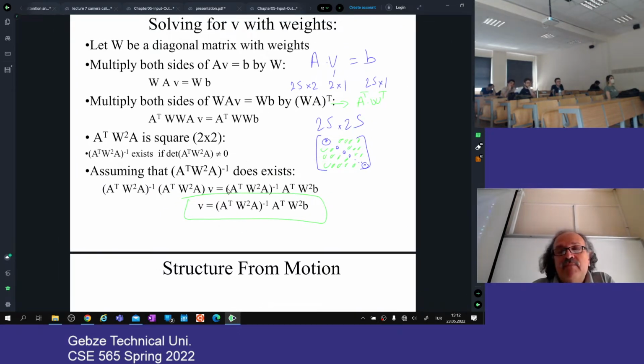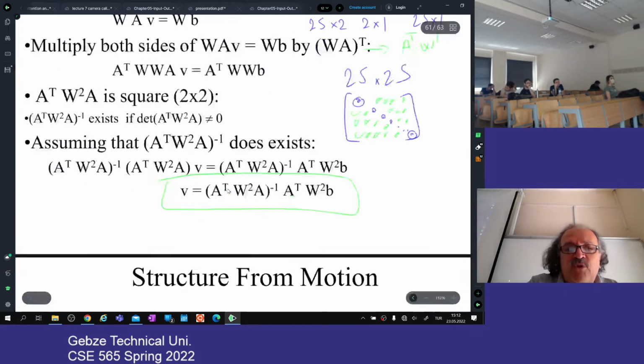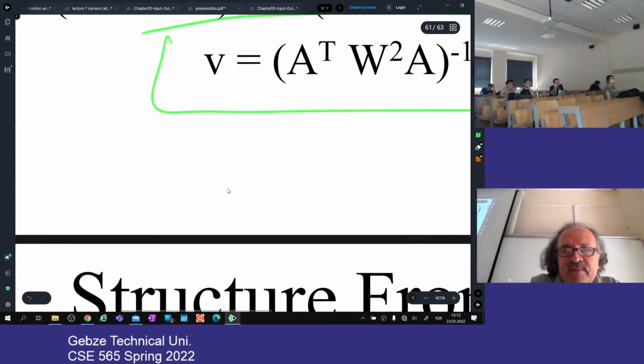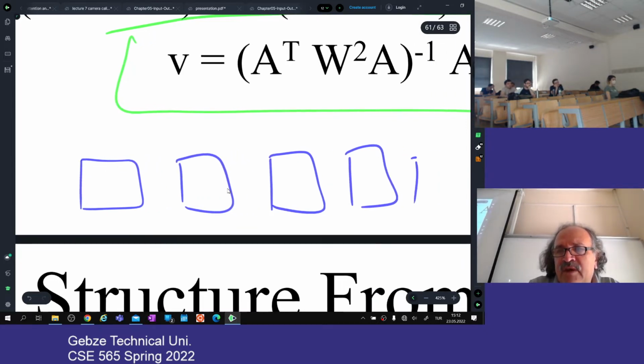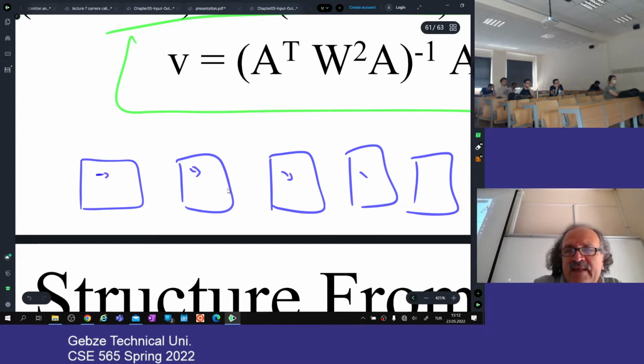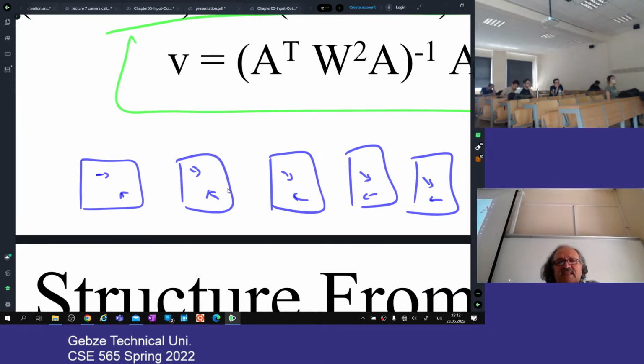Okay. So if I have the optic flow vectors, it's like this. This is frame number 1, frame number 2, frame number 3, frame number 4, and frame number 5. And I get vectors like that for each point. These vectors are because my camera is moving, one thing.